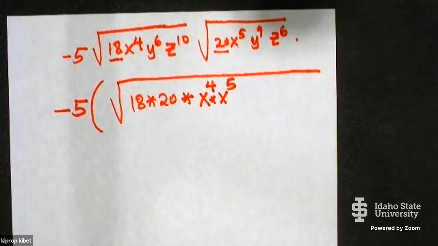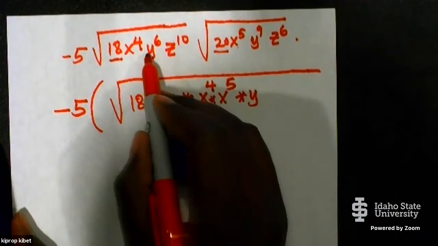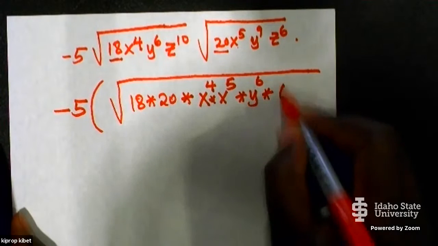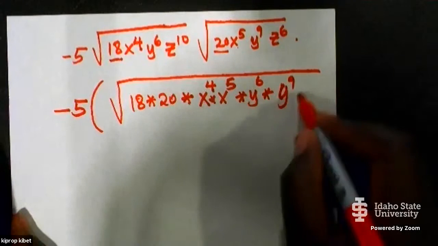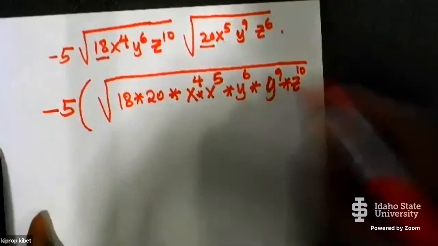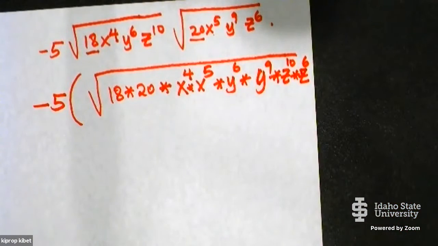Then multiply by y. This is 6, and this one is 9. Then multiply by z. This is 10, and this one is 6. Then you simplify.